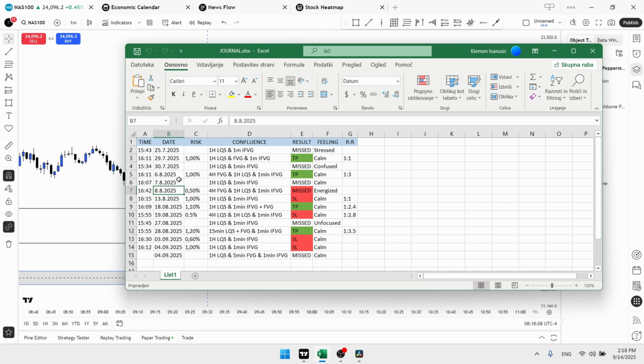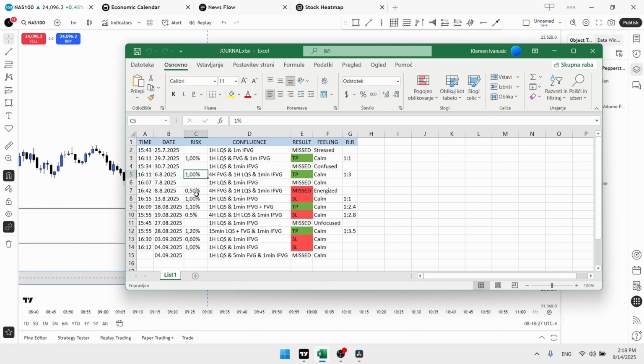And in the third column, you can see the risk. This is for every position, how much of my account I risk per trade. Here you can see I use 1% on average.